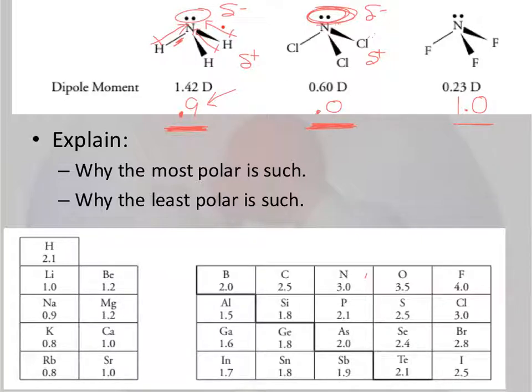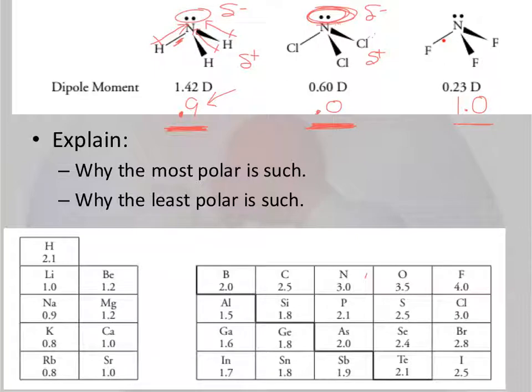Over here, you just have this lone pair that's overpowering the molecule and making it have a negative portion on this side and the positive portion on this side. So on this one, the polarity of the molecule is completely based on this lone pair. Over here, it's the lone pair plus the polarity of these bonds.